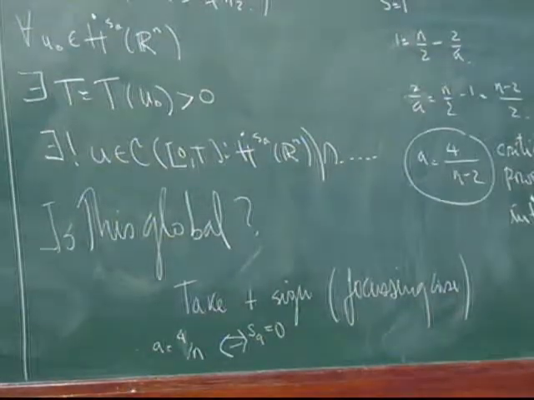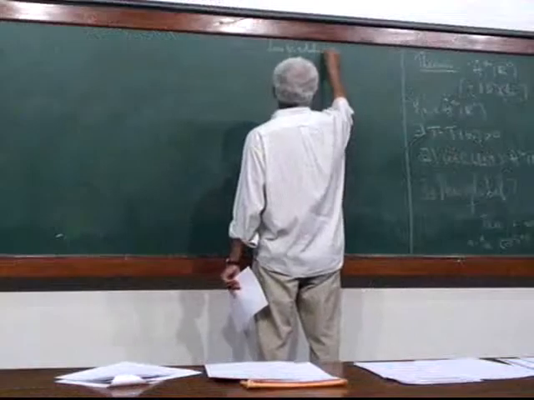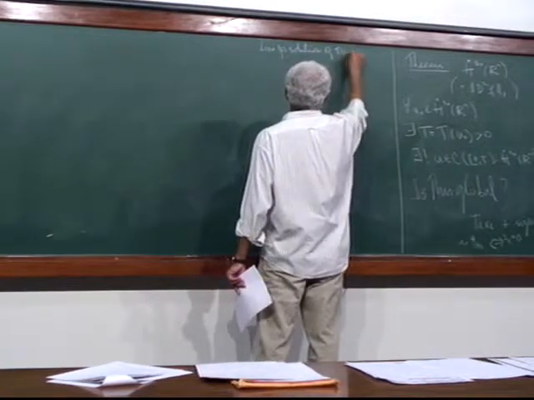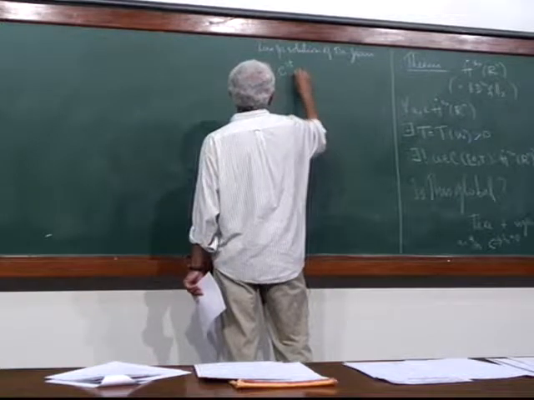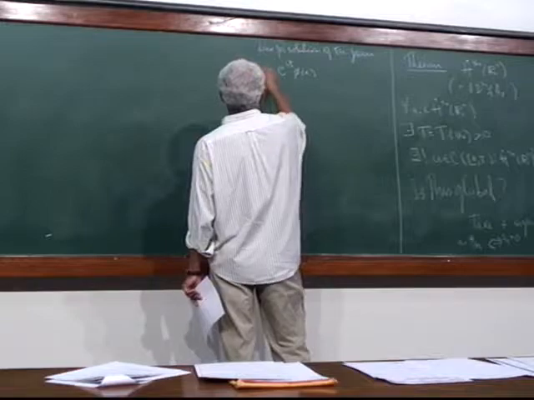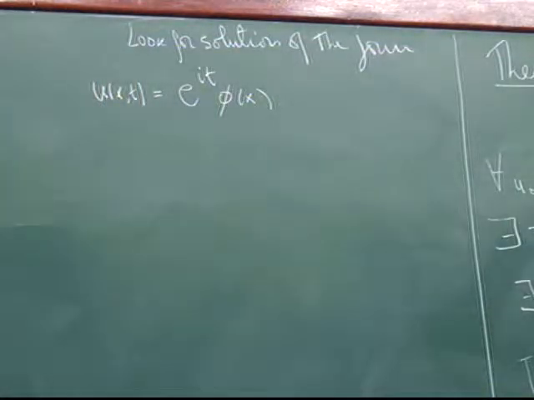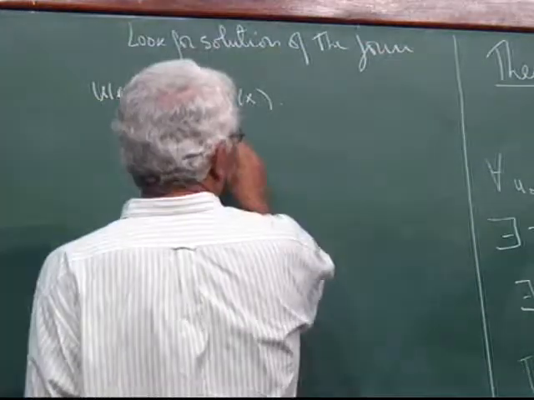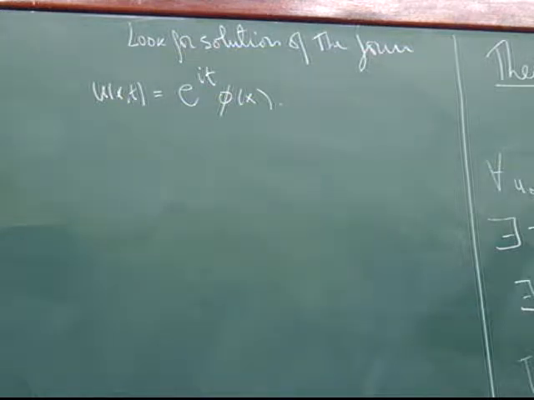And look for a solution of the form exponential of it, phi of x. Okay, now we are in this equation. We are trying to get the plus sign, the power 4 over n, because we want something in L2.